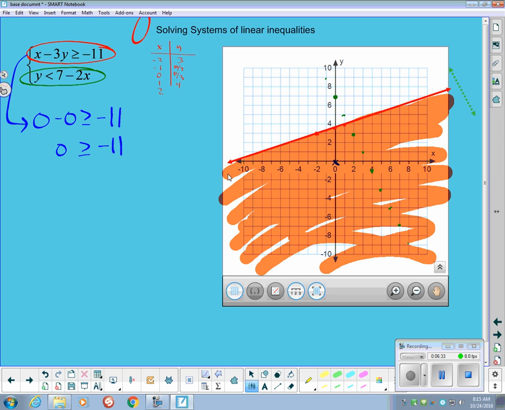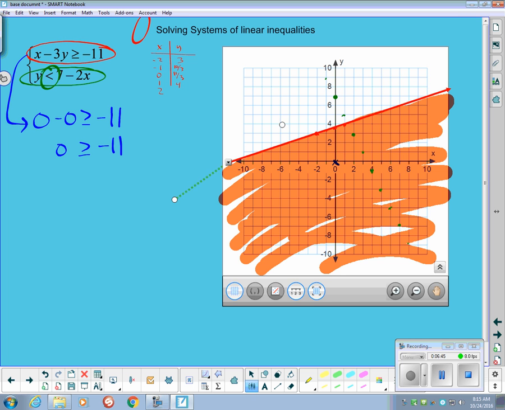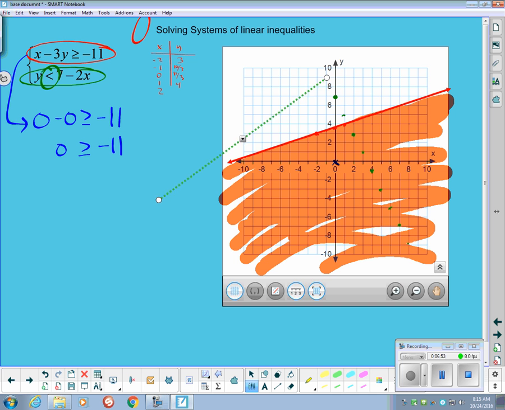And this one is a less than. So a less than only means that I should have a dotted line. And so if I start connecting my points, let me try to bring that back to the front again. If I connect my points, then it ends up looking something like that.